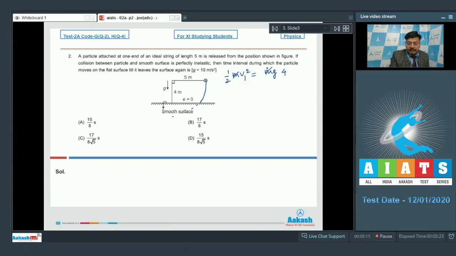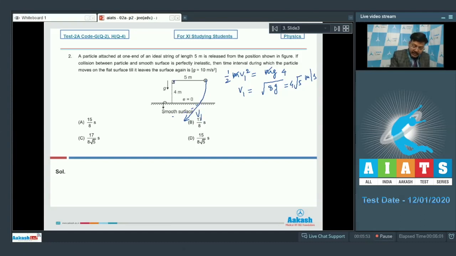Now let's strike off m, and the value of v1 we are getting is under root of 8g, and if you put g as 10 meter per second square, it is under root of 80 meter per second, which means it is 4 root 5 meter per second. So that's the velocity just before hitting the surface, and this is v1.